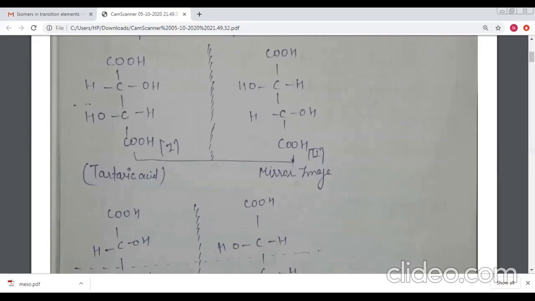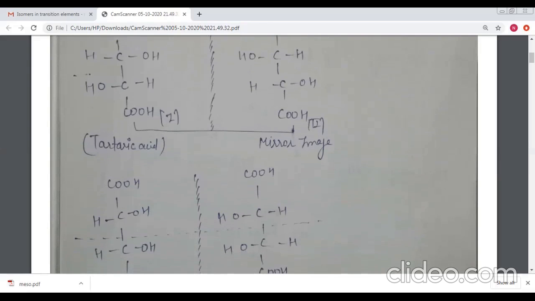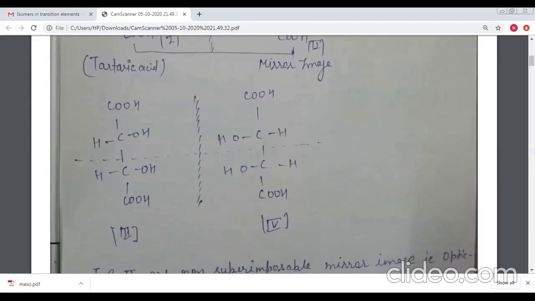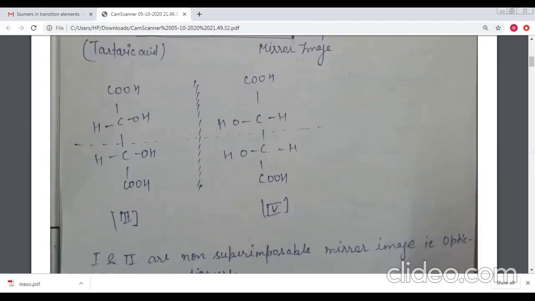And structure number 3 and structure number 4 are also enantiomers, because enantiomers have a mirror image relationship, and they are optically active.